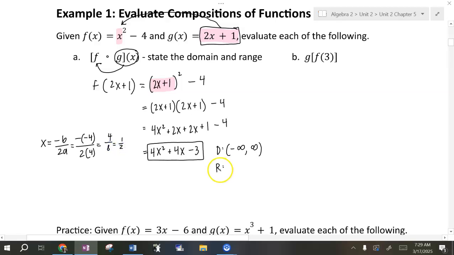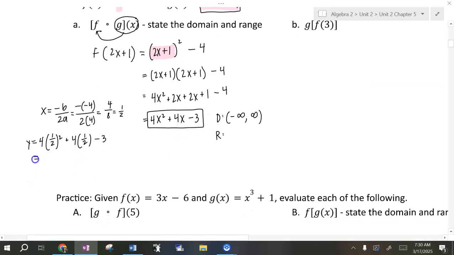But the range really depends on the y value. So to get the y value, I have to plug that back in. I'm going to do 4 times a half squared plus 4 times a half minus 3. Exponents come first. A half times a half makes a fourth. Next, I can multiply 4 times a fourth.